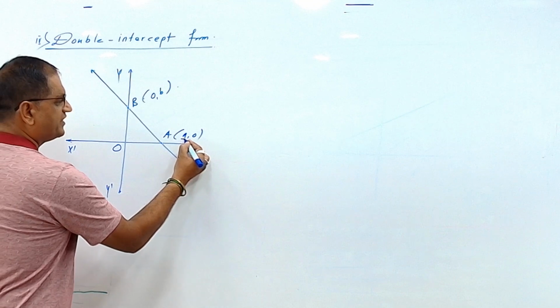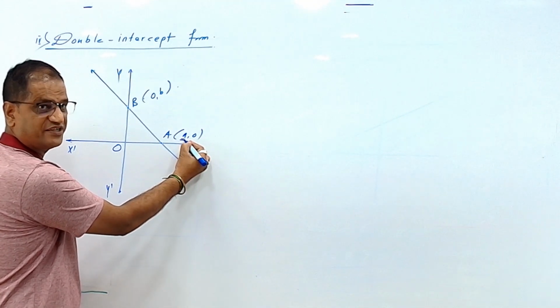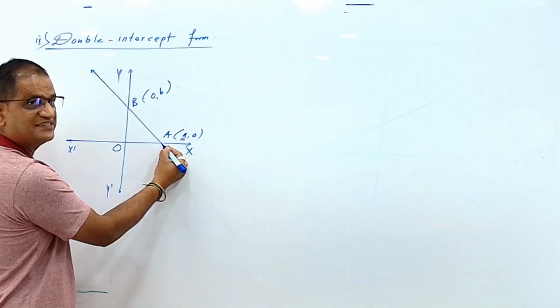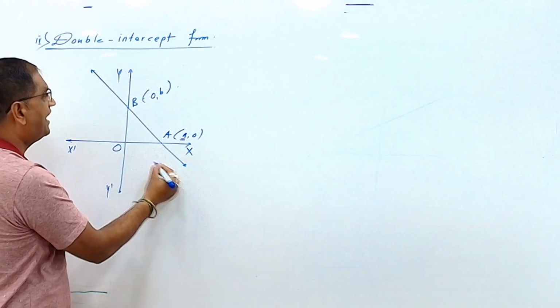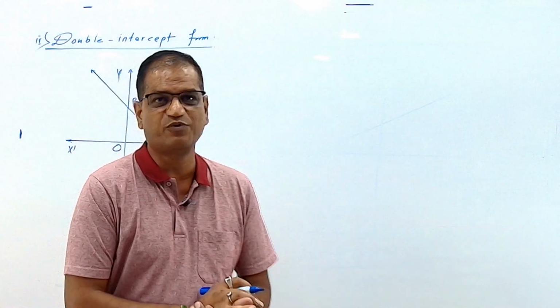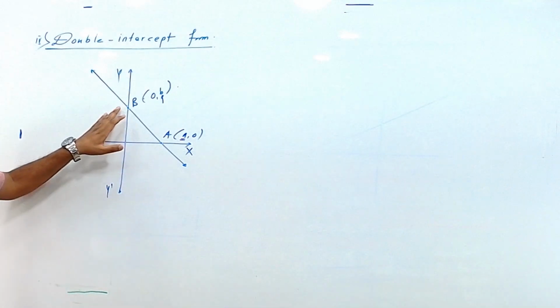The x coordinate or the abscissa of a point where the line cuts the x-axis is called as x-intercept, and the ordinate or the y-coordinate of the point where the line cuts the y-axis is called as y-intercept.